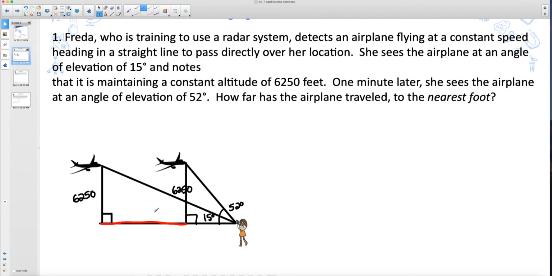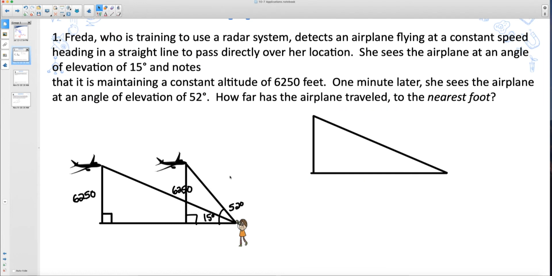So let's think about this. We have two right triangles. We can get all of our angles if we want to. So if we almost kind of separate this, let's just delete that. Okay, so we have a right triangle here.